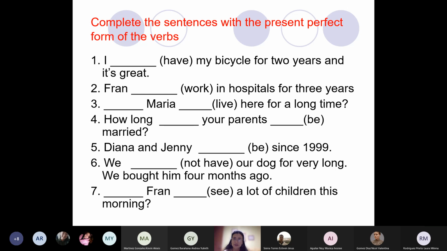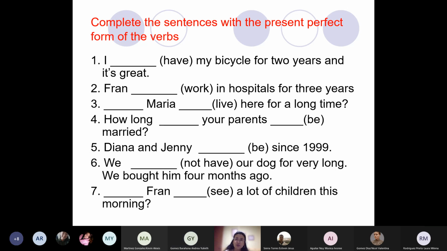We haven't had. Para decir, no hemos tenido a nuestro perrito. We haven't had our dog for very long.